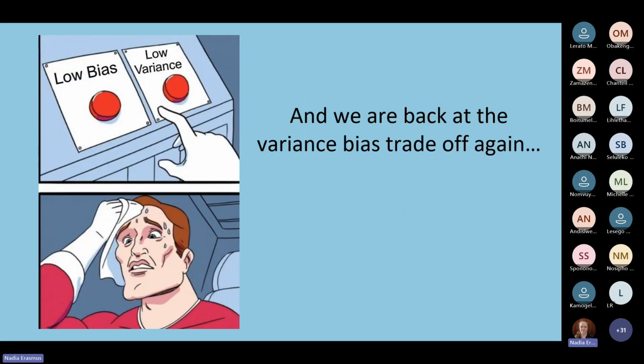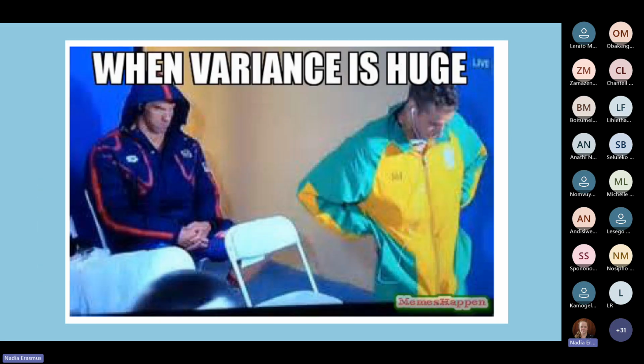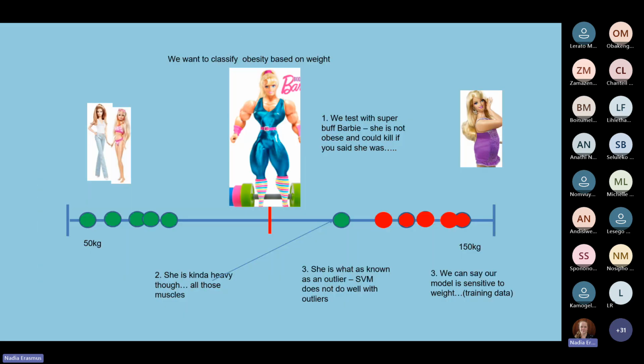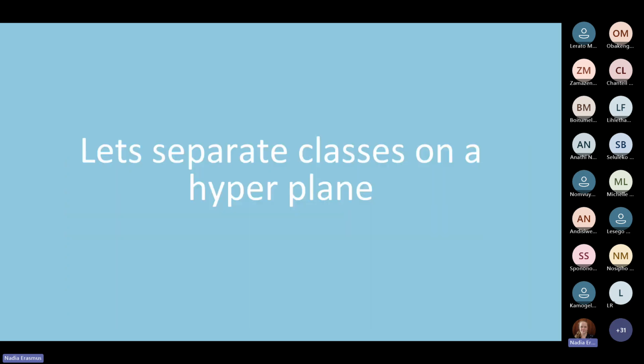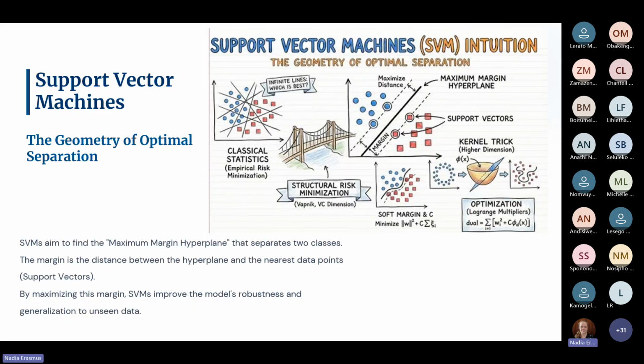Okay, so this is the bias variance trade-off. This is when the variance is huge, so there is a huge difference. So we need to go and equal it out. So we're going to use a hyperplane. In this case, this is where we have our classical data. Our classical graph will show quite some overlaps that are going to happen.